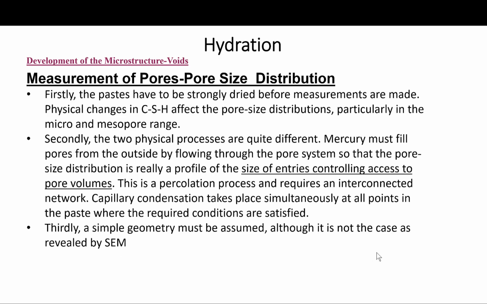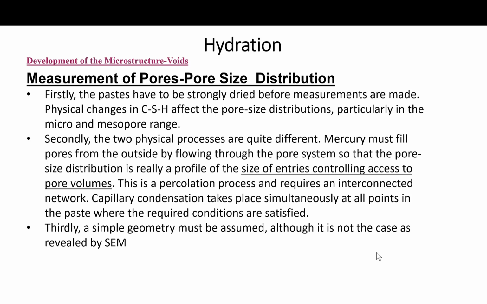Because, first, the pastes have to be strongly dried before measurements are made. Now, of course, physical changes in the calcium silicate hydrate affect the pore size distribution, particularly in the micro and mesopore range. Second, the two physical processes are quite different.